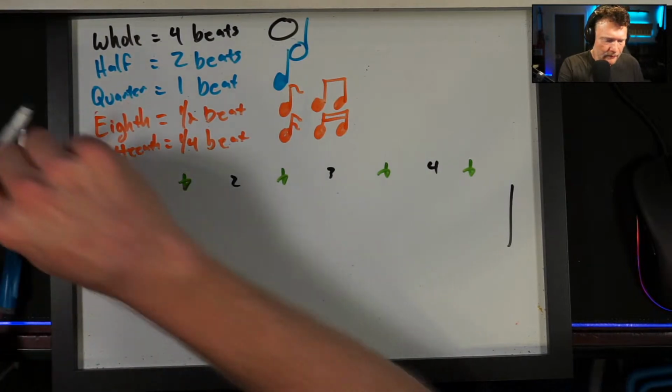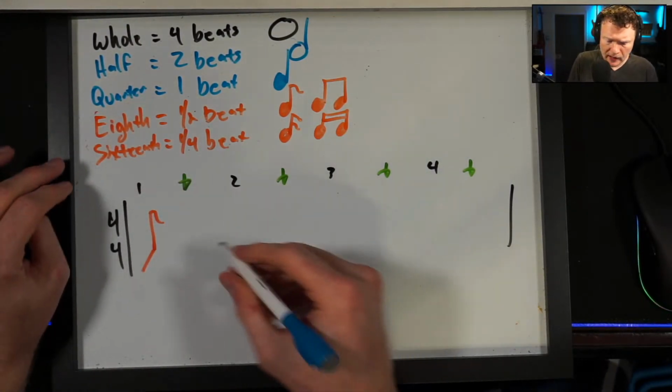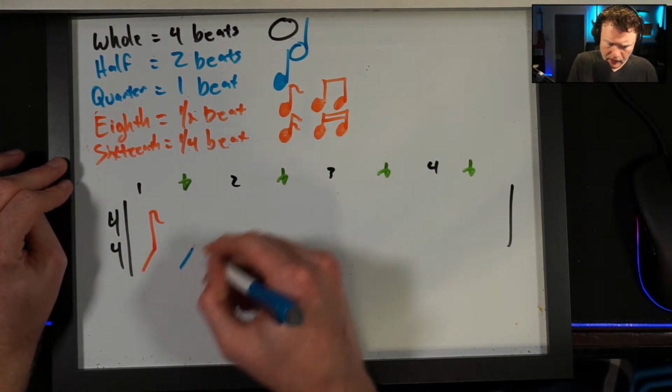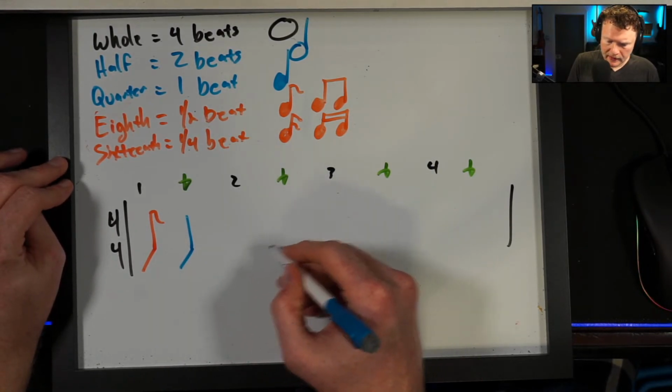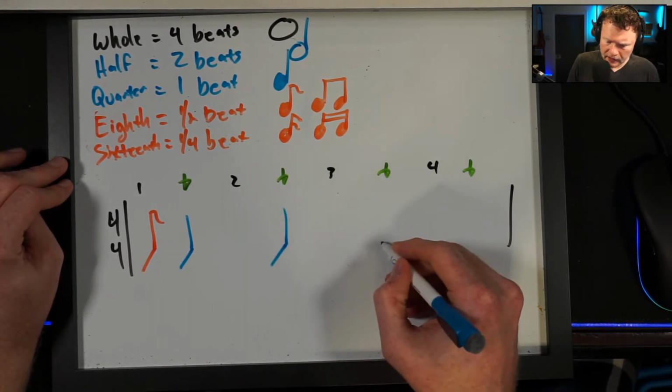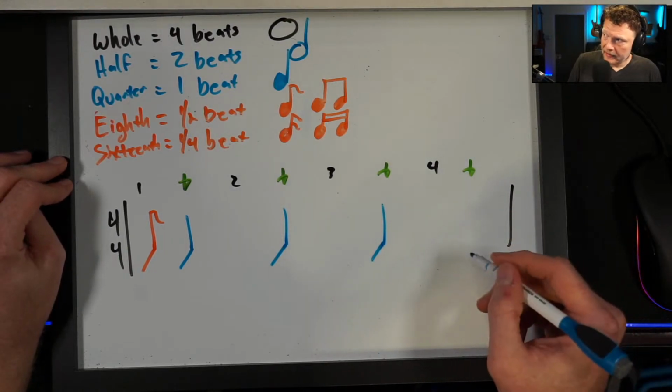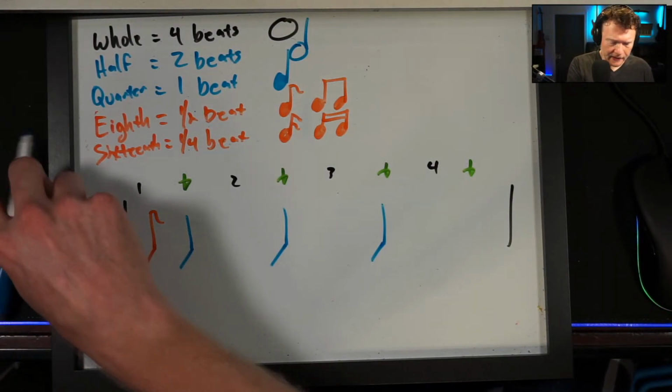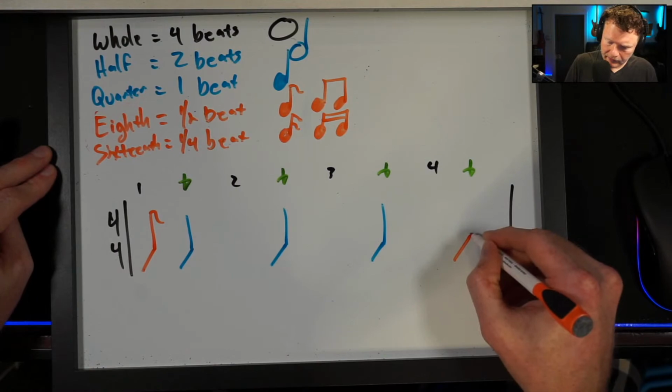If I were to write out a quarter note right here, and then a quarter note right here, and a quarter note right here, then I could write out an 8th note right here.